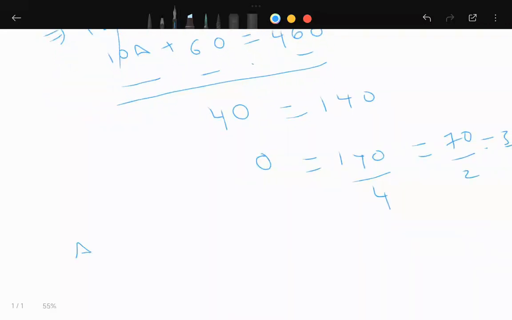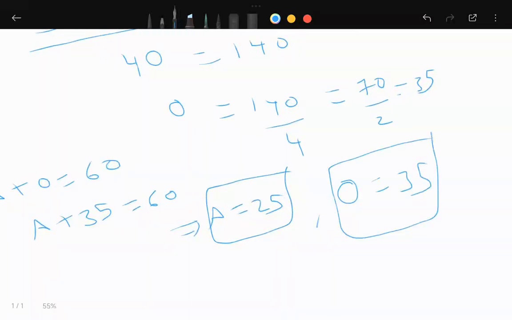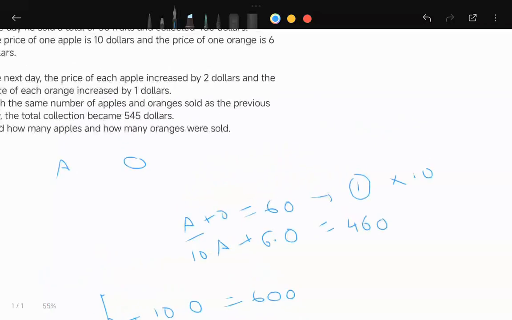Now let us substitute in equation 1 to get the number of apples. A plus 35 equals 60, which implies A equals 25. And we already got oranges as 35. Now what are they asking?